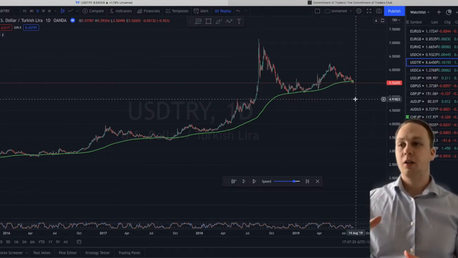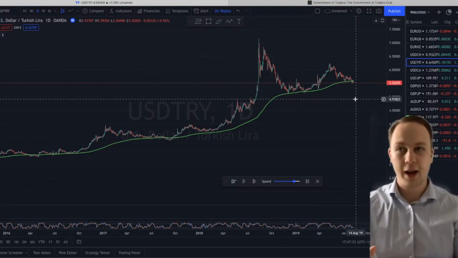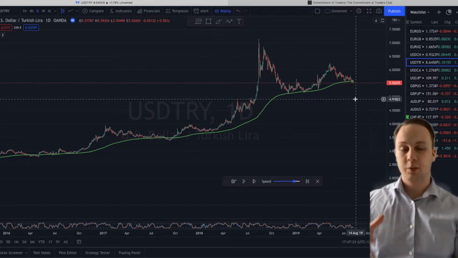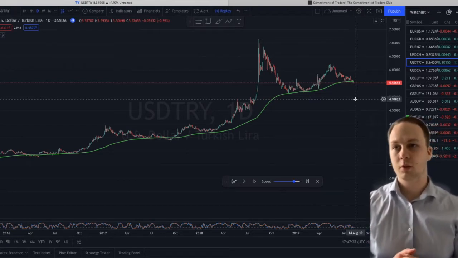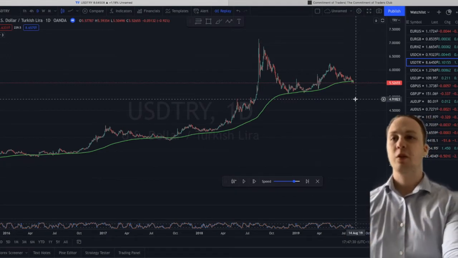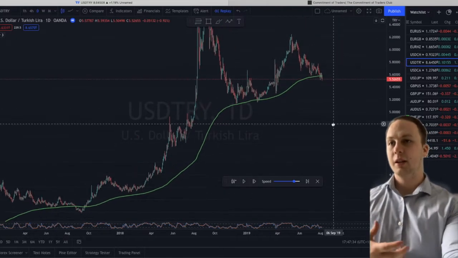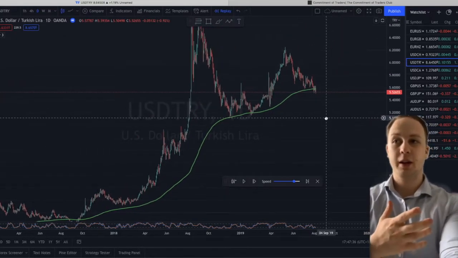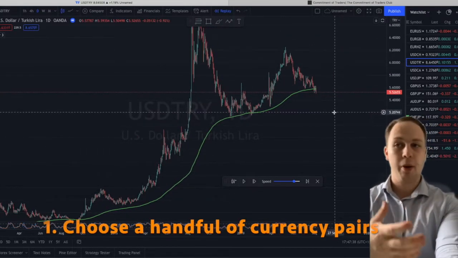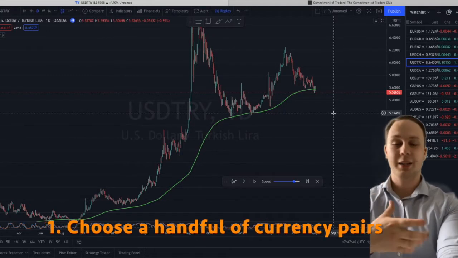I've put on there a nice and easy 200 period moving average for you to also see that this price respects the moving average. So let's back test with me, and I will show you how to grow a small account very easily. The first step then is identify a pair which you can easily trade.